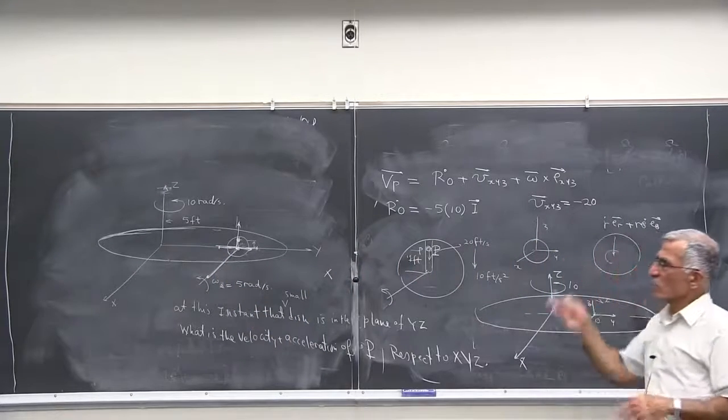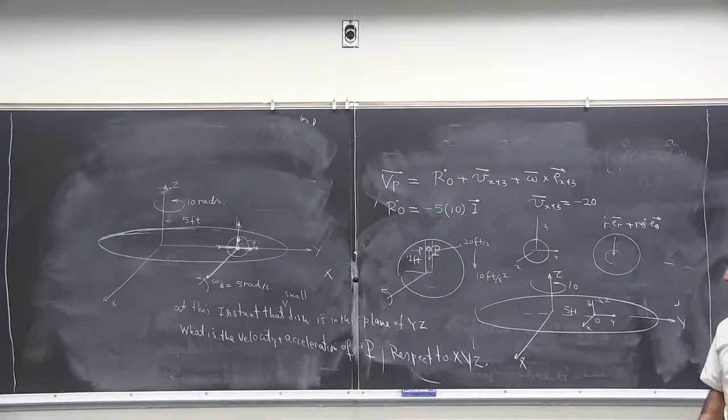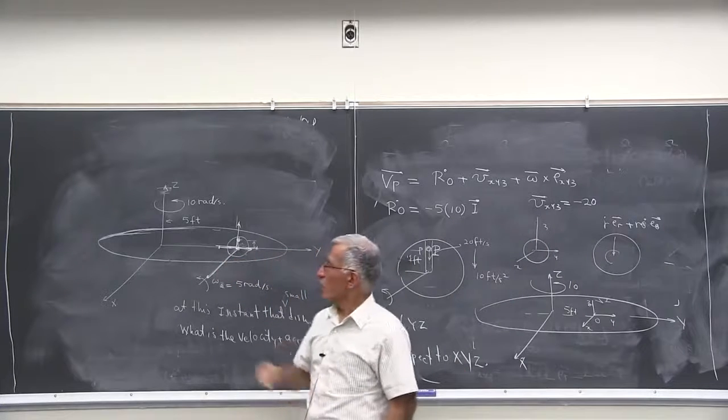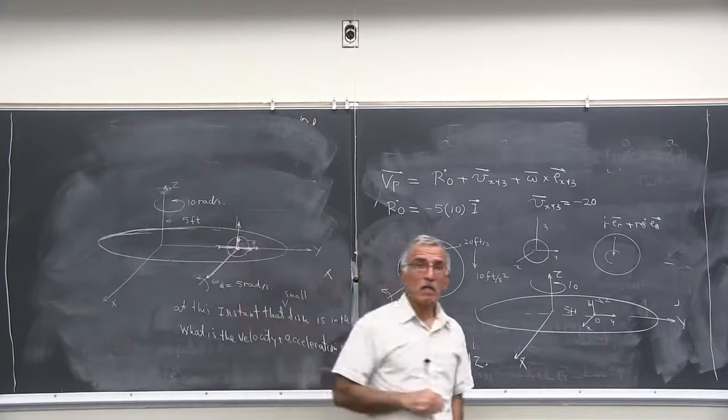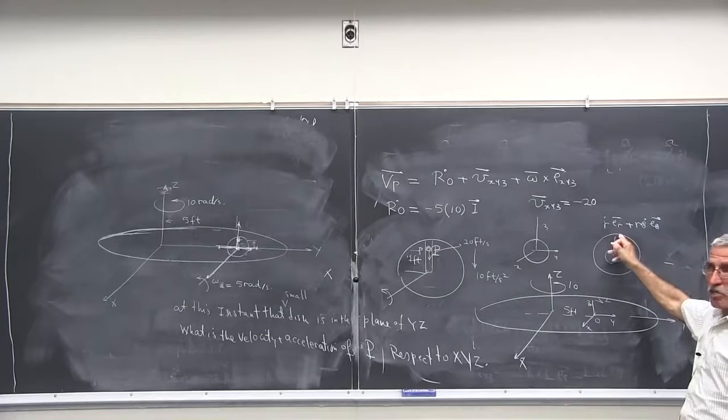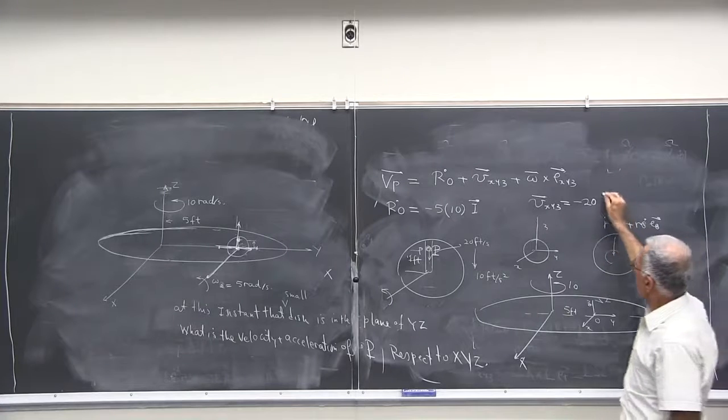Well, actually at any other time, capital Z is always in the direction of capital K. These two directions change, but this one is always in the direction. So at this instance, your ER is going to be in the direction of capital K.